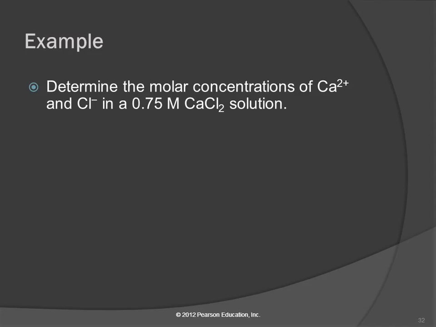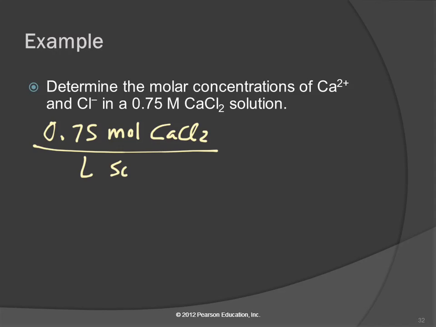So let's calculate something. So we have a 0.75 molar calcium chloride solution. Determine the molar concentrations of calcium ions and chloride ions in that solution. So there's a couple of different ways that you could approach this. So 0.75 molar means 0.75 moles of calcium chloride per liter of solution.